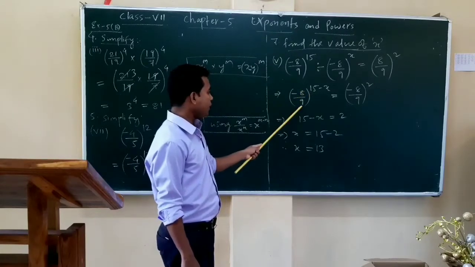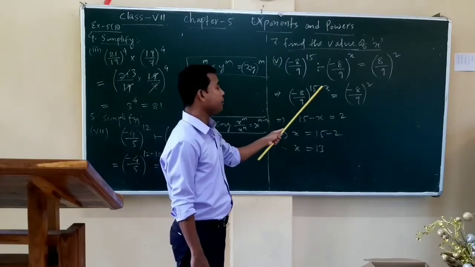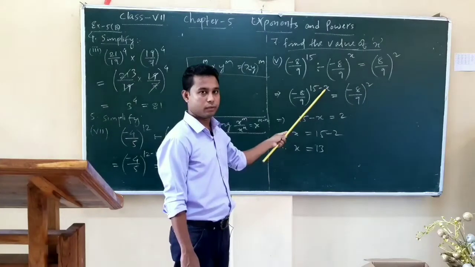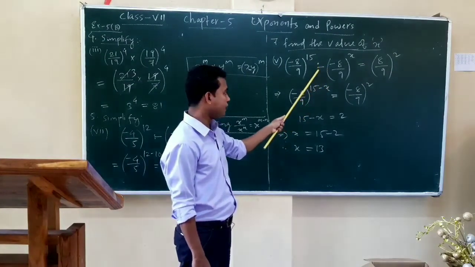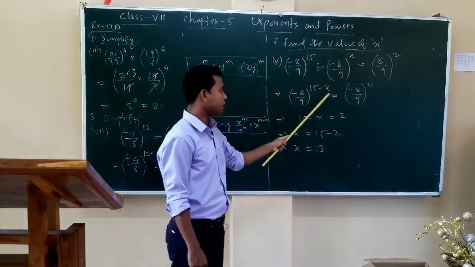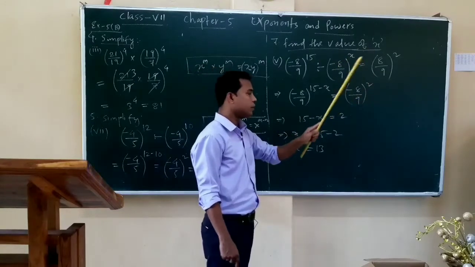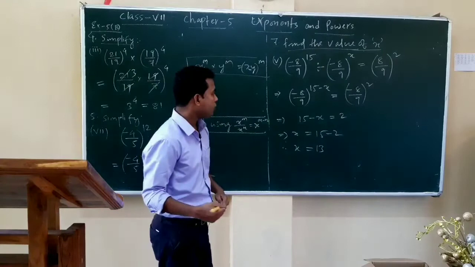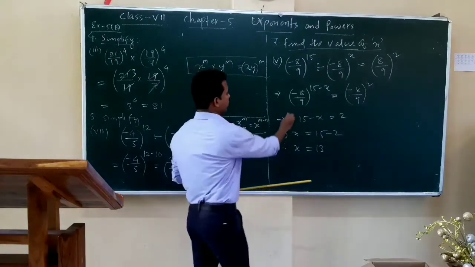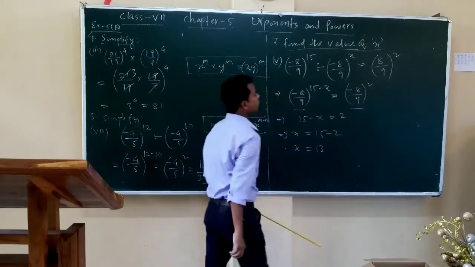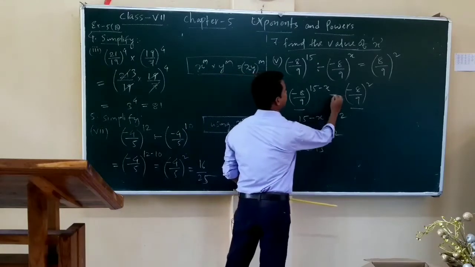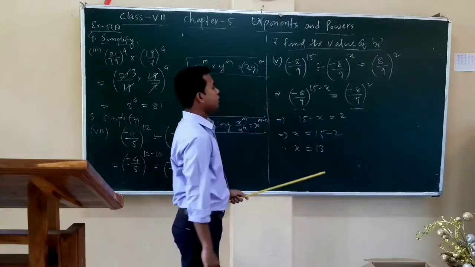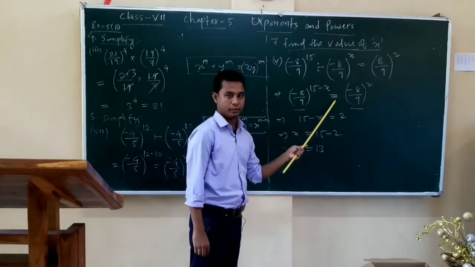we get minus 8 by 9 raised to the power 15 minus x. Because we have divided, it will be 15 minus x, equal to minus 8 by 9 raised to the power 2. Now see, the bases are the same and the equal sign is given here.